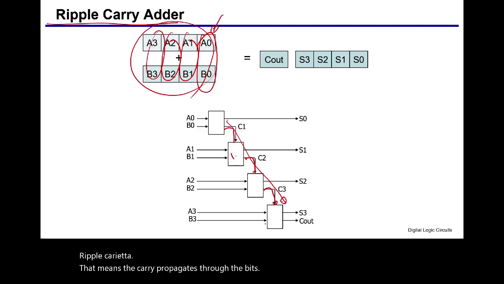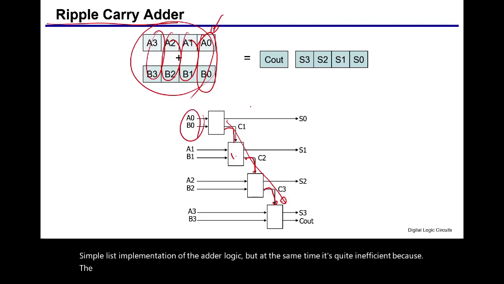Actually, this is one of the simplest implementations of the adder logic, but at the same time it's quite inefficient because the result of the lowermost bits has to propagate all the way to the uppermost bit.